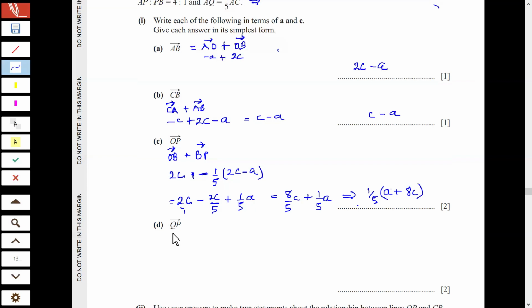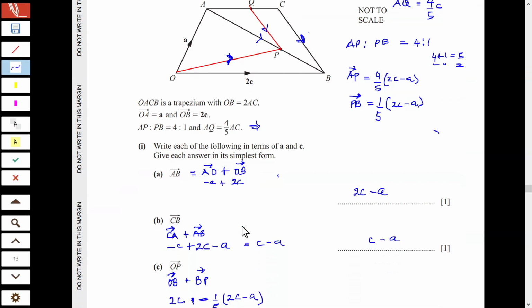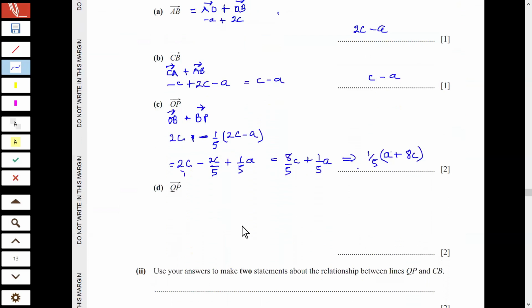Now, how do you find vector QP? From the diagram, vector QP is this vector. Vector QP will be equal to vector QA plus vector AP.